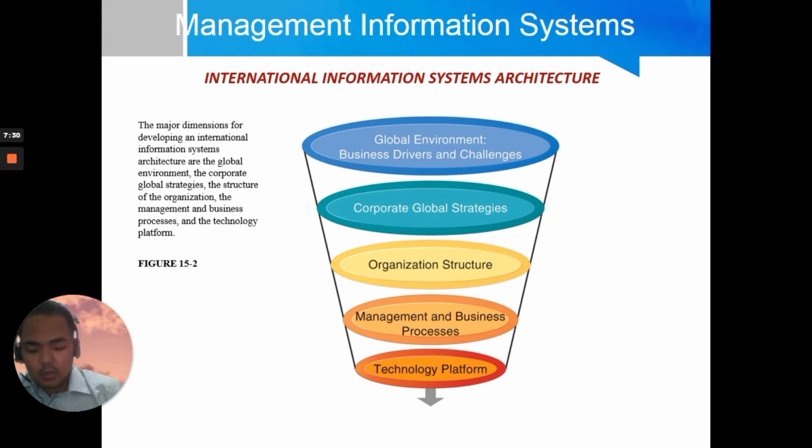Next is management and business processes, the process of planning, organizing, directing, and controlling the activities of the business itself. Next is the technology platform, the foundation for building and running the business applications themselves. Okay.